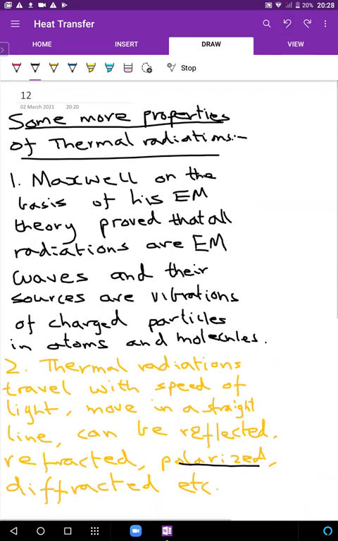Don't think of thermal radiations as some weird hot thing leaving a body. What is thermal radiation? It's light. Most of the time it lies in the infrared region, so we're not able to see it, but it's light. And like normal light, this light also can be polarized and diffracted. And that's the idea.